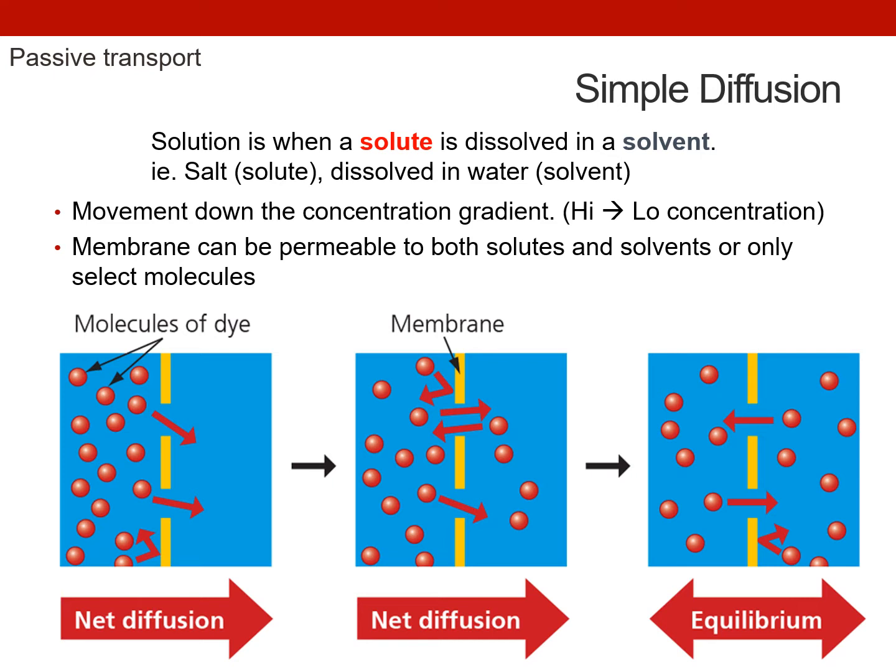There is a net movement of molecules from left to right until the concentration of molecules is equal on both sides of the membrane. Keep in mind that when the molecules reach equilibrium, the molecules can now move back and forth across the membrane, but there is no net movement in either direction.